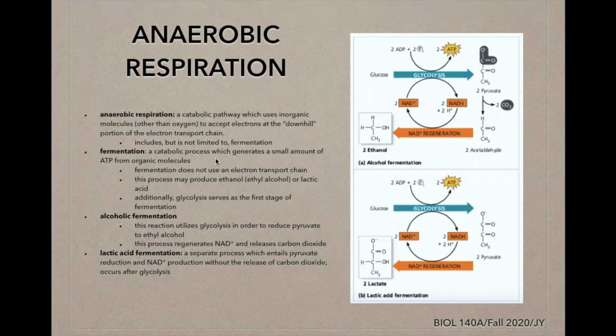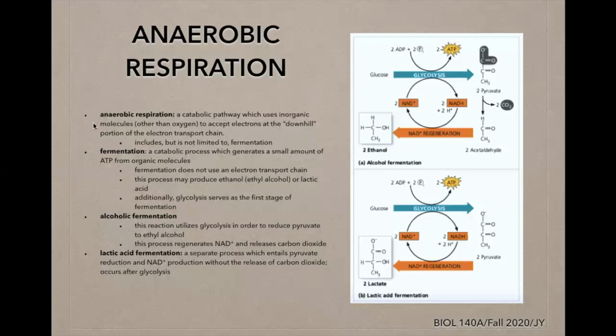Something to note about aerobic cell respiration, anaerobic cell respiration, and fermentation is that they all use glycolysis to oxidize glucose. However, they differ in their final electron acceptor and whether an electron transport chain is used. So for aerobic cell respiration and for anaerobic cell respiration, an electron transport chain is used.